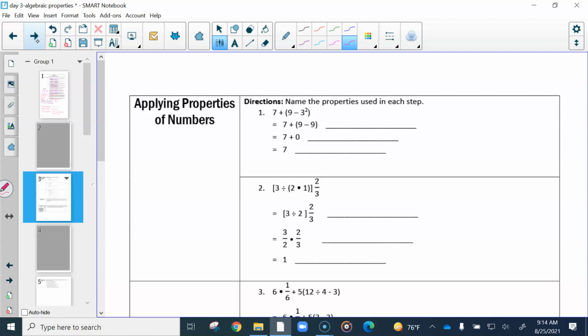The exponent is no longer there. It is now 9. So if we're changing 3 squared into 9, which of your properties tells me I can do that? Okay. The substitution property. It's something I know or could calculate and find out.